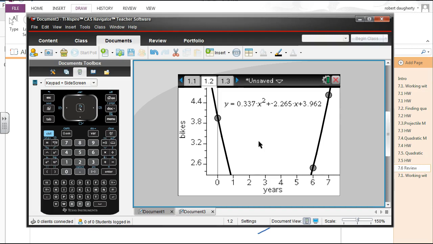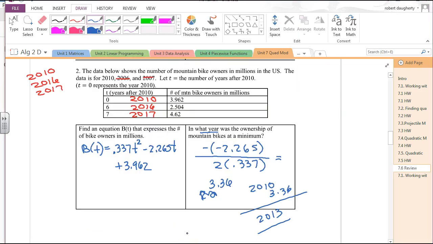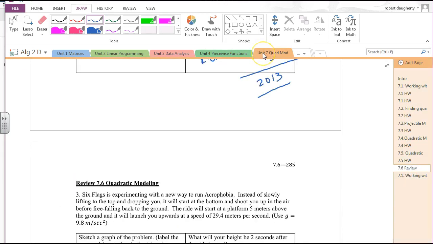Hopefully on a test I would have corrected that before you saw it, but just working through the data, this is what it is. You got the quadratic model. From the data I gave you, you can find the vertex, which is what I found here, and you see that in the formula. Let's continue on in this section.